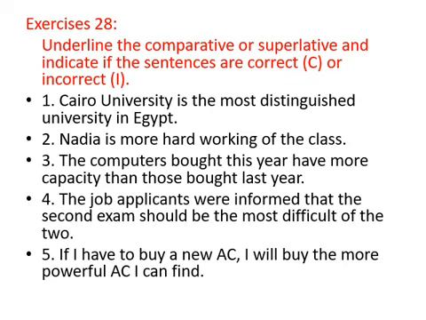Nadia is more hardworking of the class. طيب أنا بقارن نادية بكل الفصل. يبقى هقول more hardworking. أولا لو بقول more يبقى لازم أقول than. دي غلطة. الغلطة التانية إن أنا بقارن نادية بأكتر من حد بالجميع. فهقول نادية is مش more بقى is the most hardworking of the class.